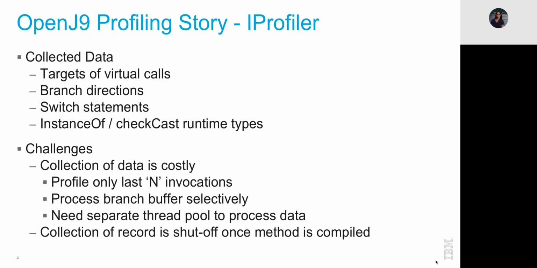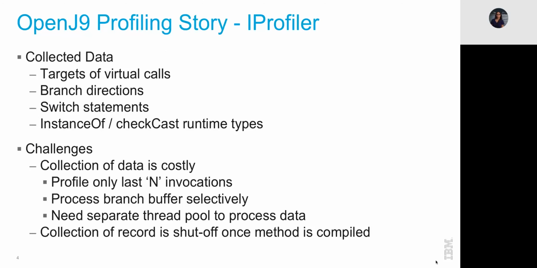Most entries in the data buffer are consumed by branch entries. So to reduce time spent on processing those buffers, we skip those branch entries in a sampling fashion and collect branch bias information just before we are about to compile a method. It requires a separate thread pool to process the data so that we can avoid having pauses in the application thread.